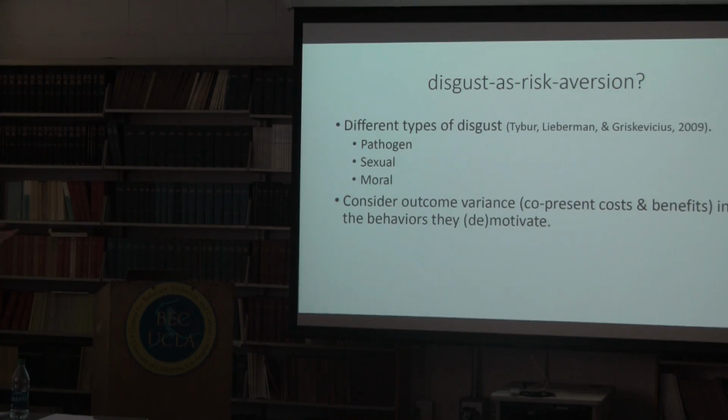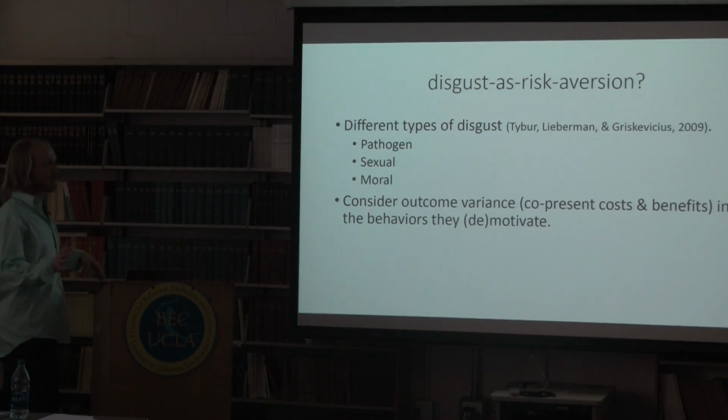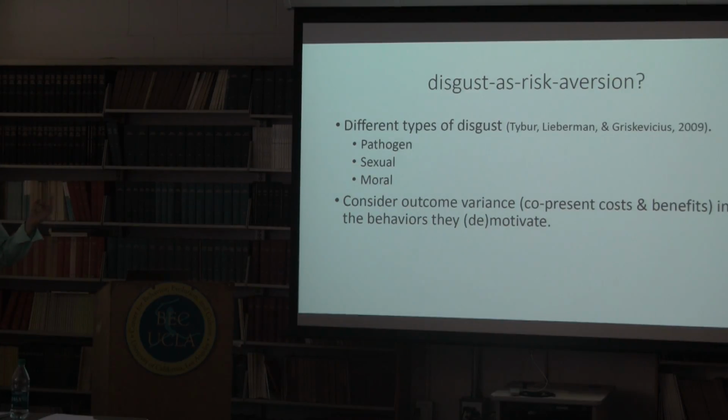Eating a potentially contaminated food item, you might get the calories and there's a benefit, but you also might get sick, and that can be a pretty big cost. That's a lot of outcome variance. Simply not eating it is a lower variance decision: no calories, no illness. So disgust motivates risk aversion in the pathogen avoidance realm.